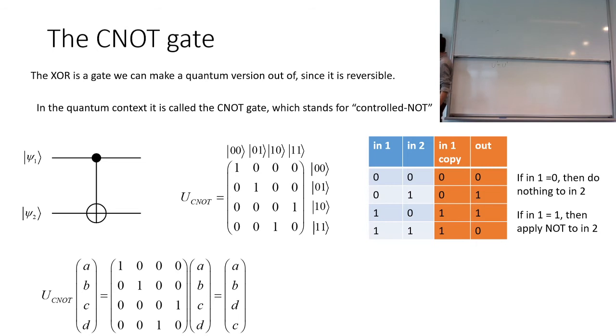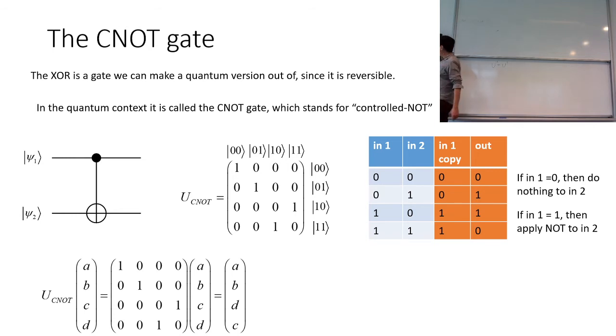So let's look at the first 2 columns of this table. In 1 and in 1 copy, which is the output over here, are exactly the same, as you can see: 0, 0, 1, both of them.